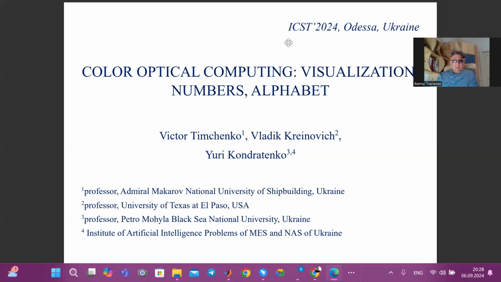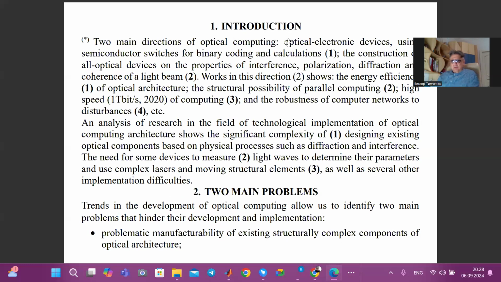of Artificial Intelligence Problems. The development of optoelectronic technologies over the past 30, 40 years has generated interest in computing devices capable of performing binary operations and providing an alternative to all-electric devices. There are two main directions of optical computing: optoelectronic devices using semiconductor switches for binary calculation, and the construction of all-optical devices using the properties of interference, polarization, diffraction, and coherence of light beams.